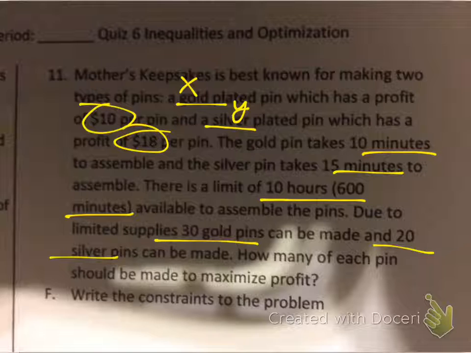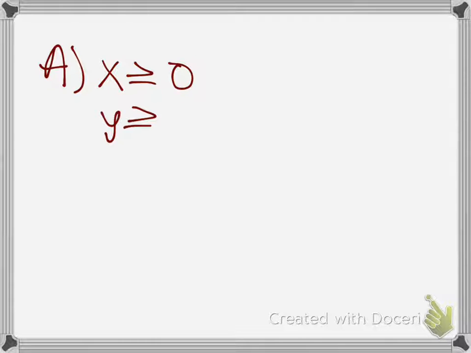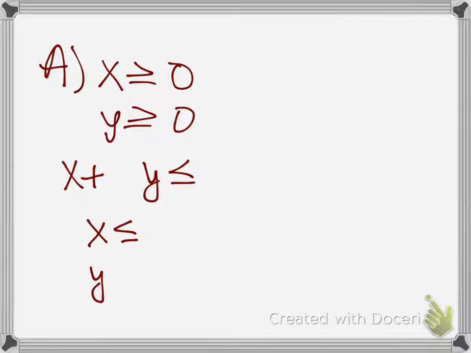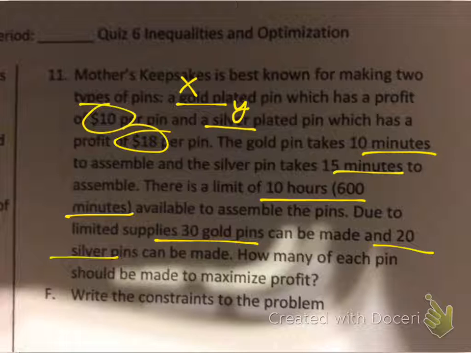So if you set that up the same way for part A, you're saying, okay, x greater than or equal to 0, y greater than or equal to 0, and then you've got your x plus y less than or equal to, x less than or equal to, y less than or equal to. Now, if you go back here, you've got minutes, minutes, minutes.